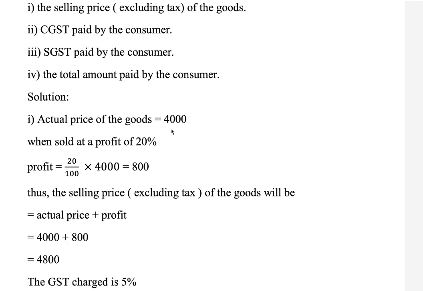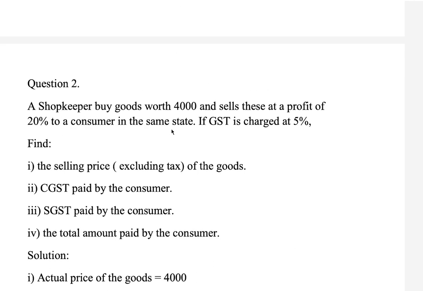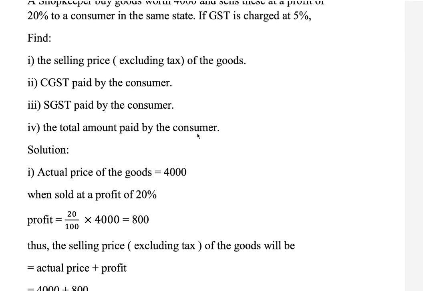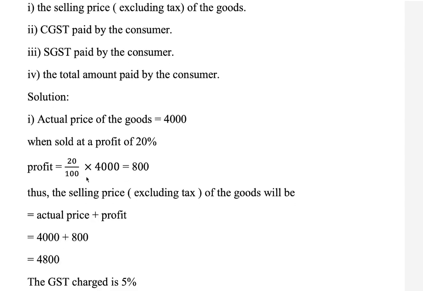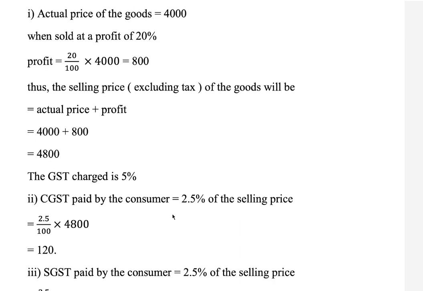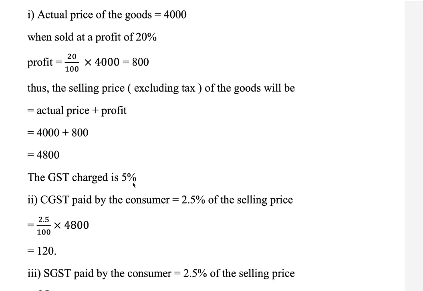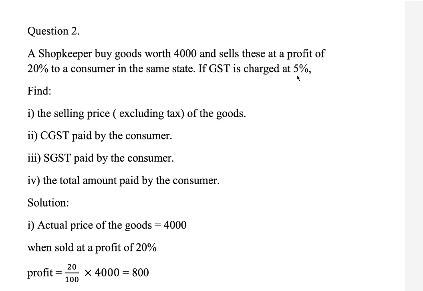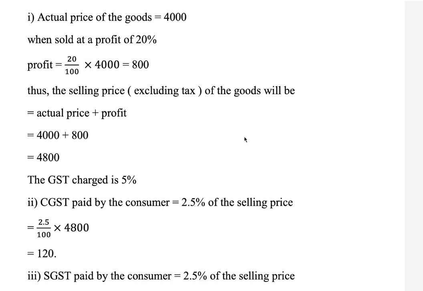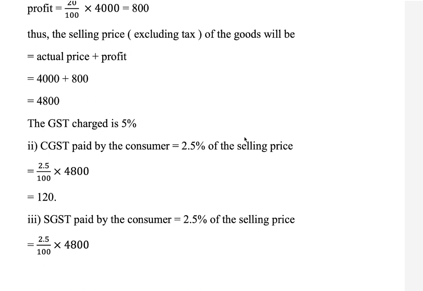So actual price of the goods is the 4,000 rupees. Question paper is telling that 20% profit will be imposed. So 20% of that 4,000, that comes to 800 rupees. So selling price excluding tax will be the 4,000 plus 800, that is the 4,800. Okay, so if GST is the 5%, so that will be 50% central and 50% state.